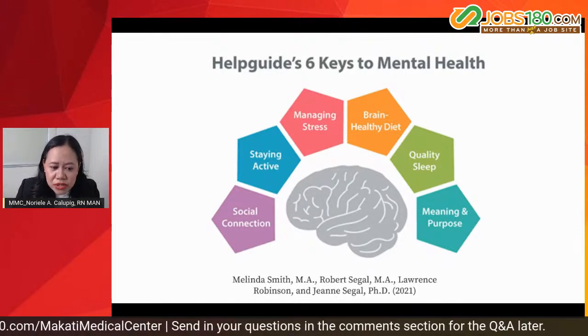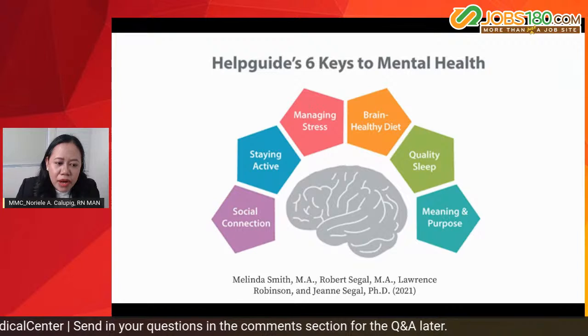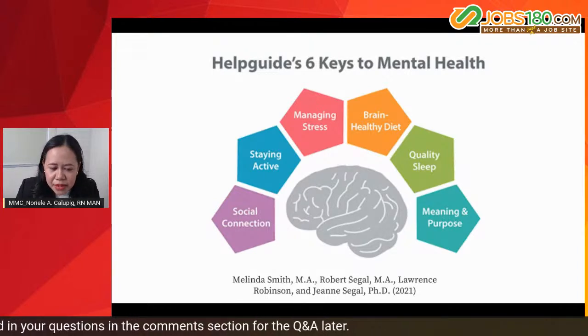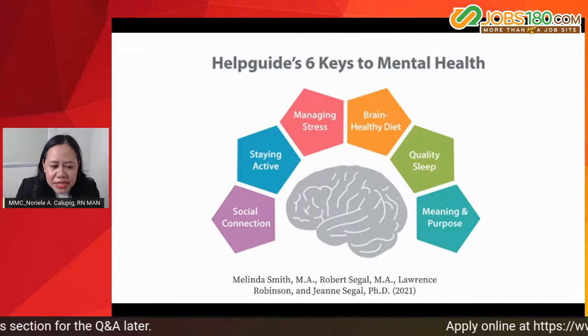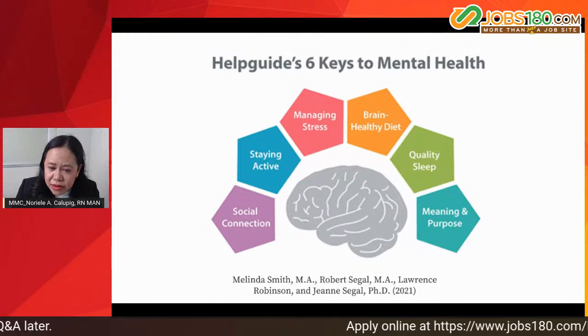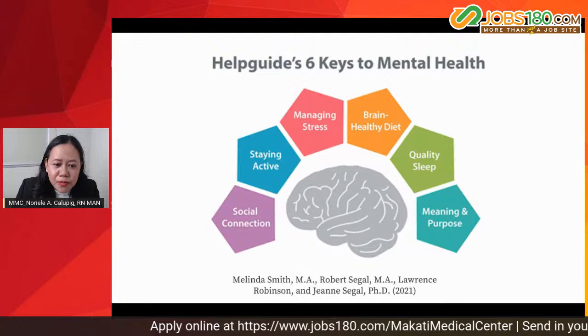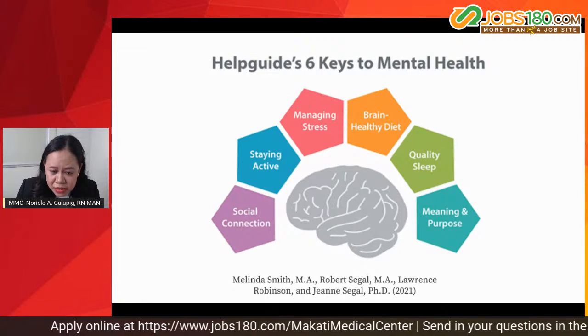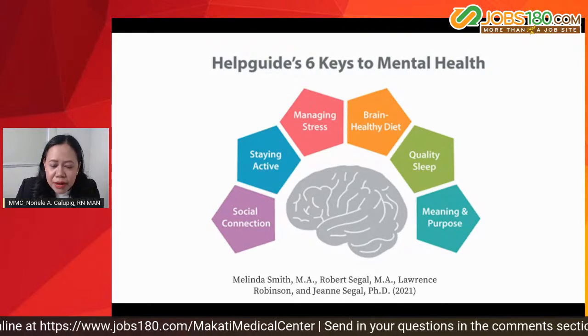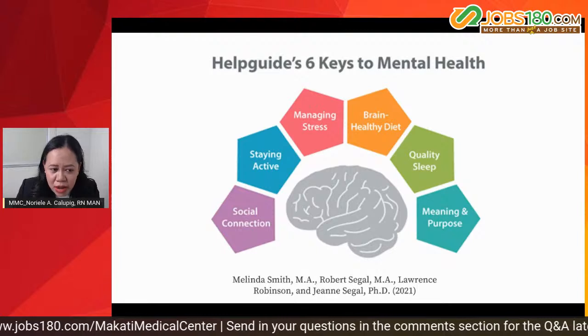So dapat constant yun, tsaka consistent. Pangalawa is staying active. Ibig sabihin, most of the time, meron kang schedule of activities. May mga nagsasabi na kung ang isang tao ay mayroong magandang daily routines, it will help you na makakope up sa any stress na dumating sa'yo. Kasi merong sinusunod na body clock mo na susundin mo sa araw-araw.